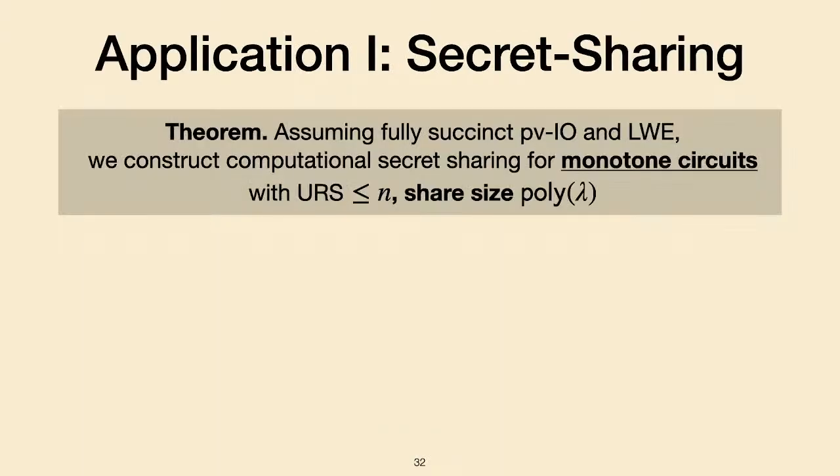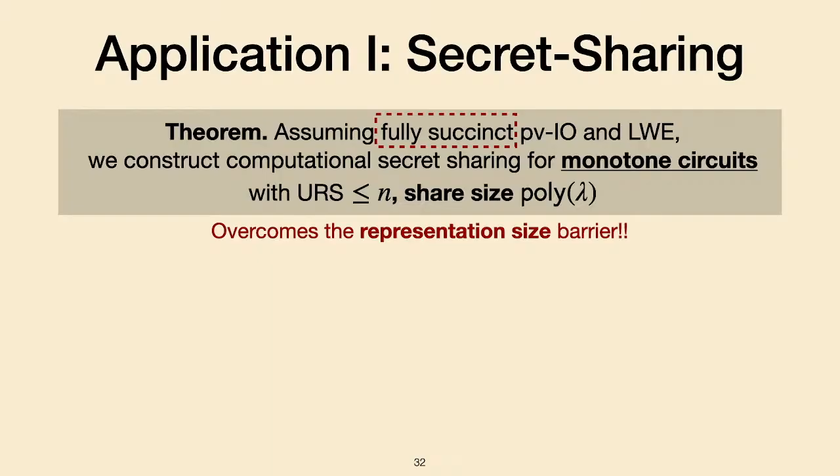OK. So now that we have fully succinct PVIO, what can we do with it? Turns out this notion alone is sufficient to construct computational secret sharing schemes for monotone circuits with the access structure of size at most n, sometimes you can improve on n, and individual share size poly(lambda).